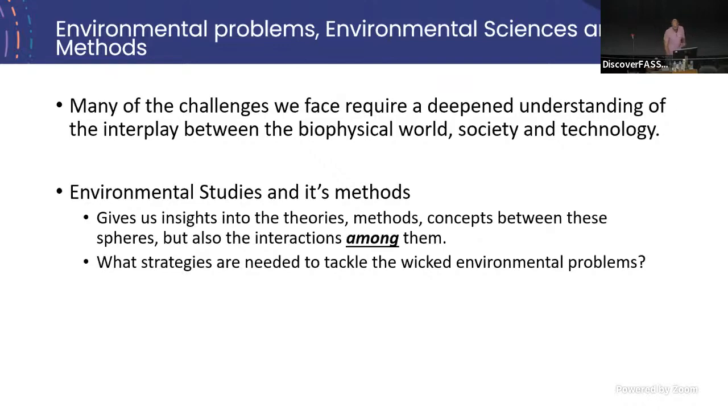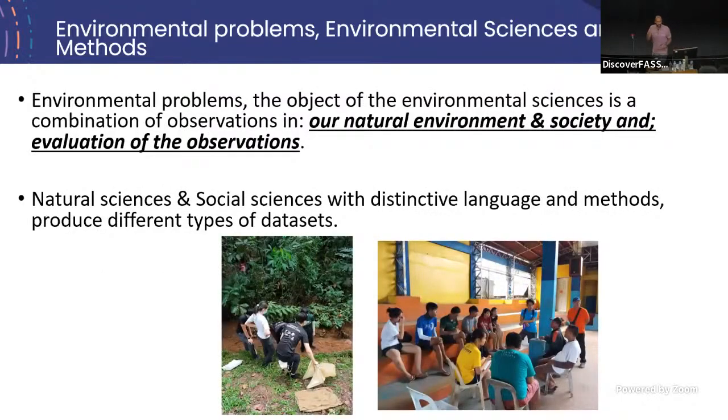Environmental problems, the object of environmental sciences, are a combination of observations, as I say, the observations taking place in our natural environment and society, as well as the evaluation of observations. Why are certain things happening, and what do they mean?